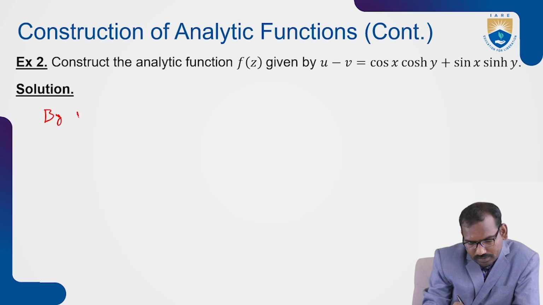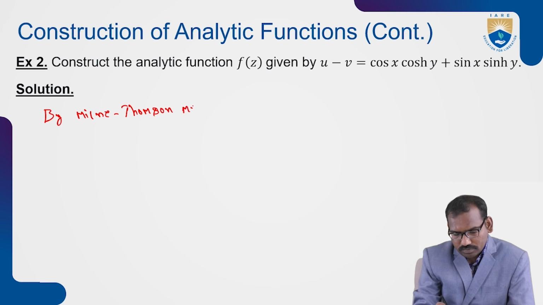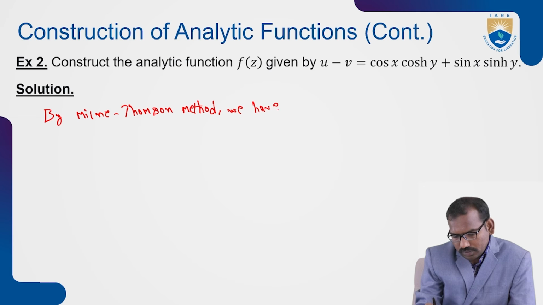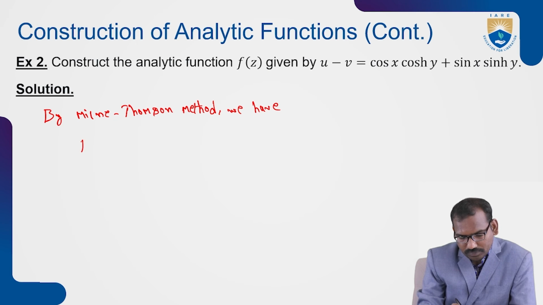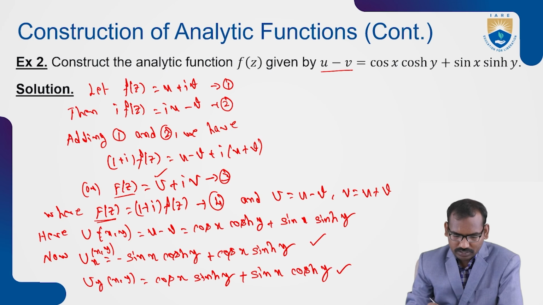By the Milne-Thomson method, I am constructing capital F of z, because I know capital F of z is analytic, and I also know the real part of capital F of z.